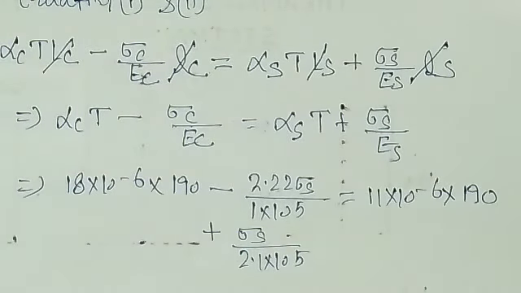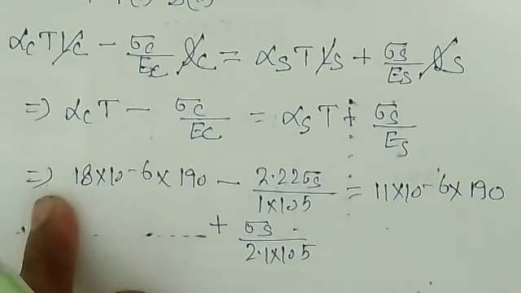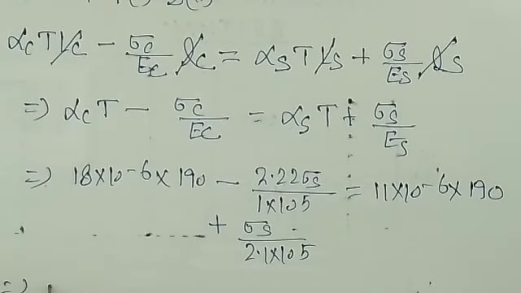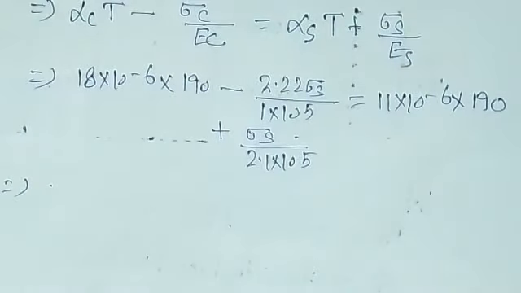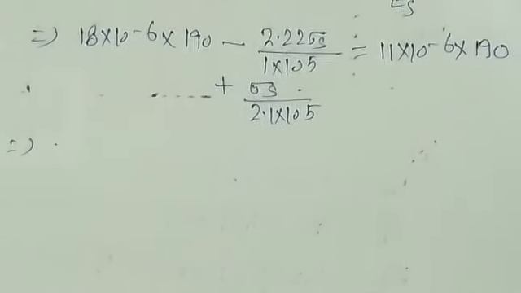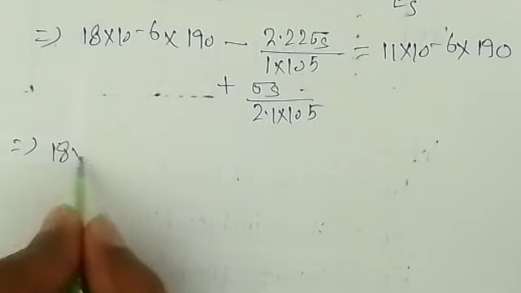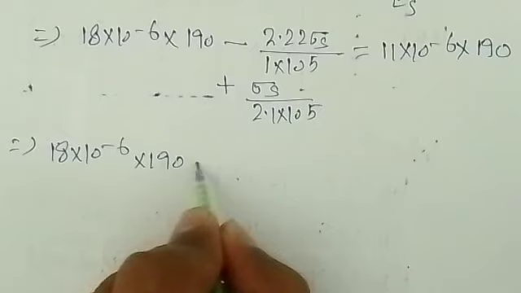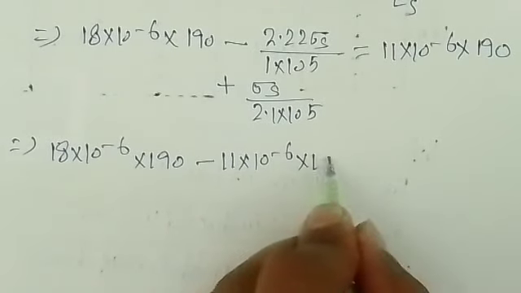Now you can see, this term will come to this side and this term will go to the other side. So you can do a simplification: 18 into 10 to the power of minus 6 into 190 minus 11 into 10 to the power of minus 6 into 190.